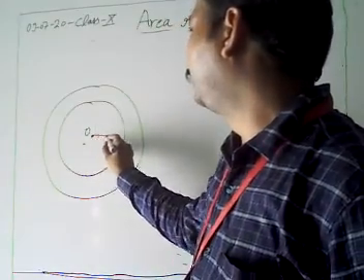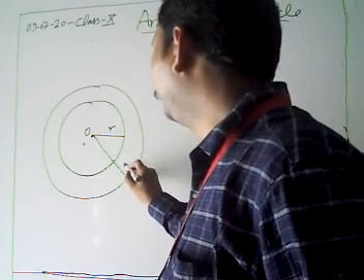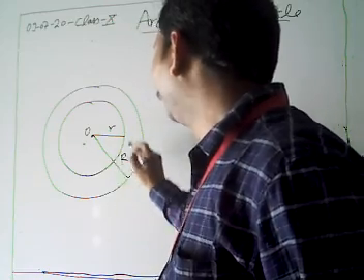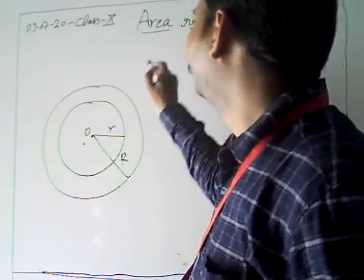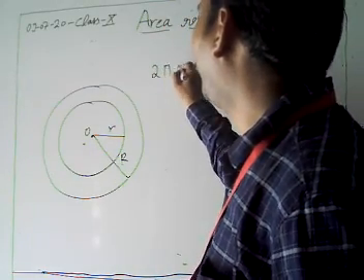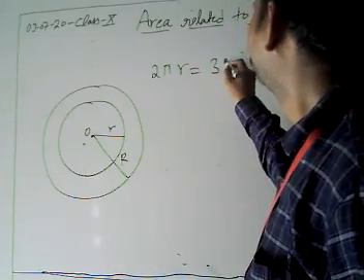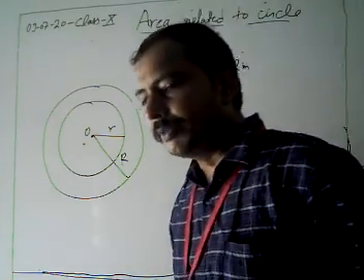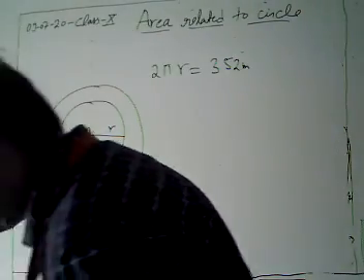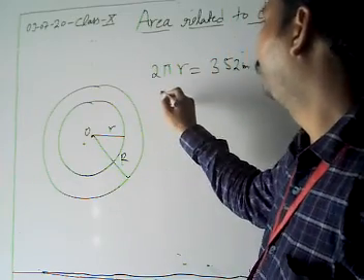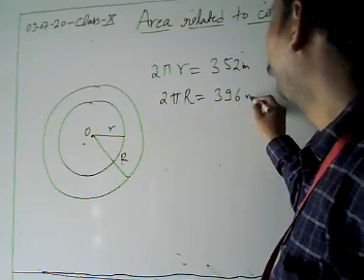Just suppose this is our small r, and from here we have this radius of capital R. It's given that the inner circumference, meaning this circumference, is 2 pi r equals 352 meter, and the outer circumference, 2 pi R, is 396 meter.